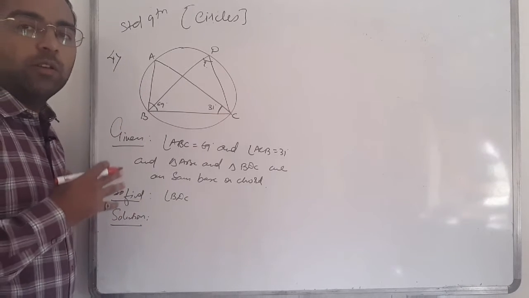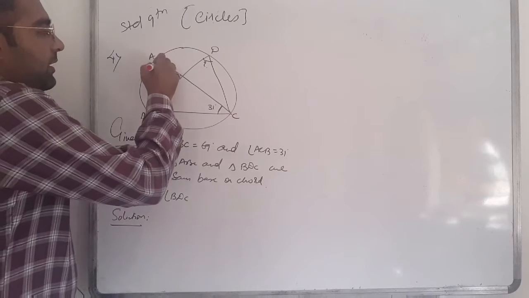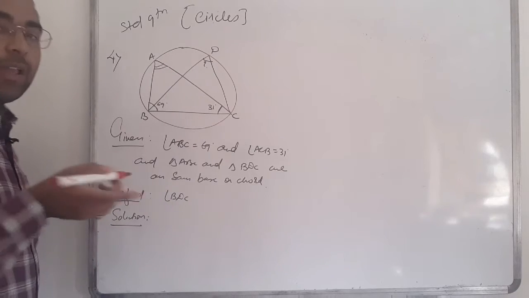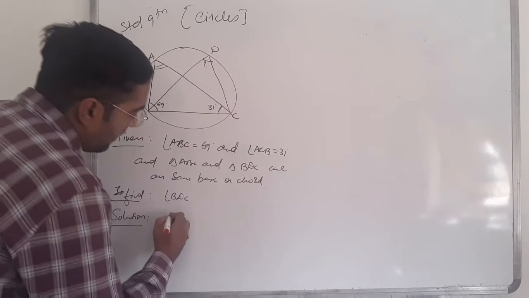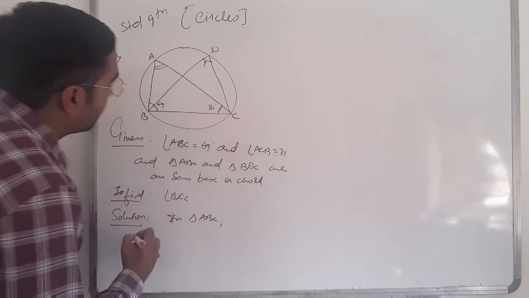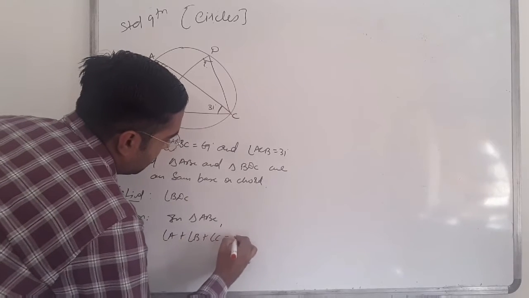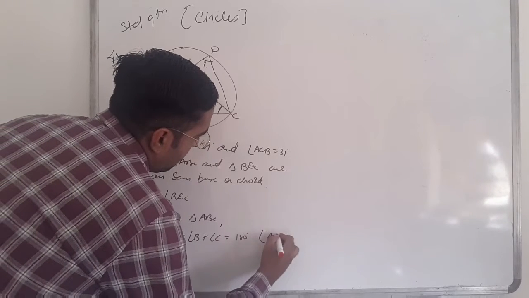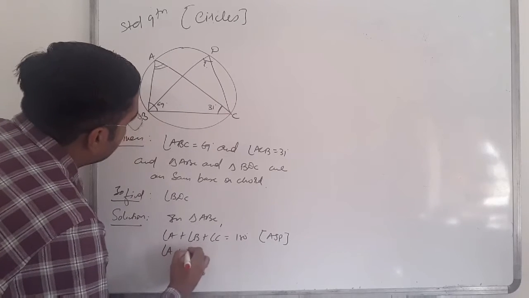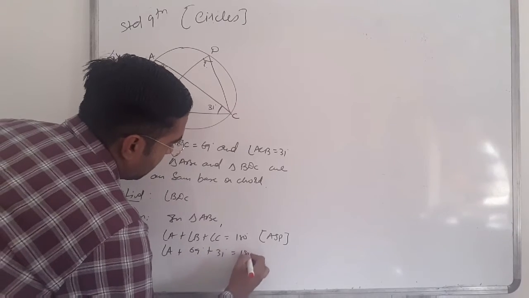In this solution, first of all we have to find the angle BAC using the angle sum property. In triangle ABC, angle A plus angle B plus angle C is equal to 180 degrees. Angle A plus 69 degrees plus 31 degrees is equal to 180 degrees.